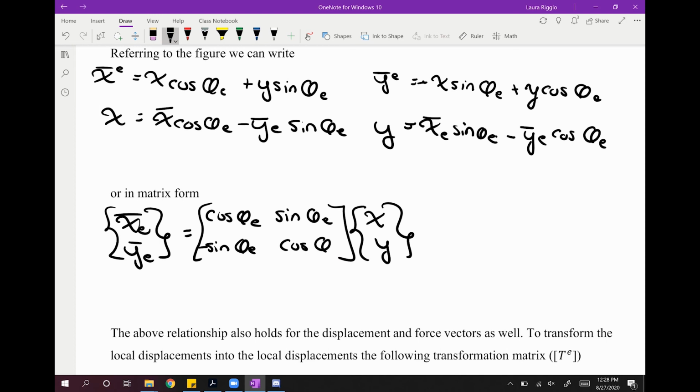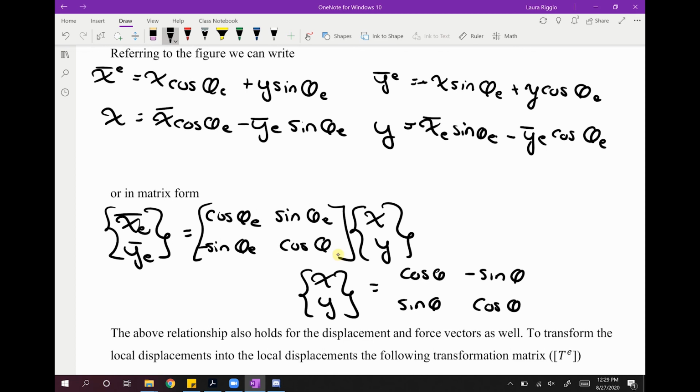And I can also do it the other way, where x, y is equal to cosine theta, minus sine theta, sine theta, cosine theta, times my local. So I can go from global to local, and from local I can get to global.